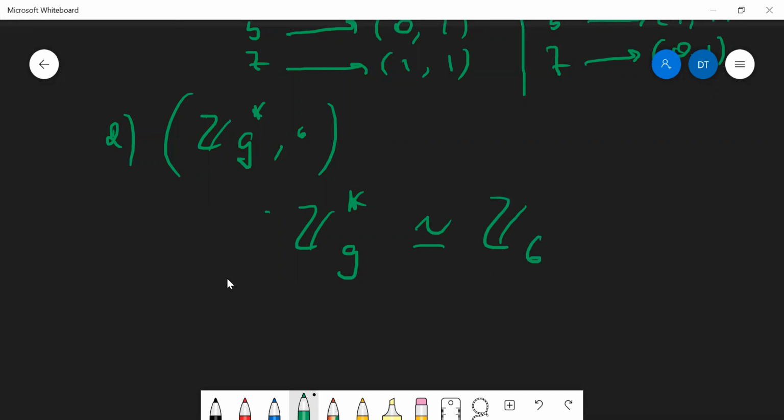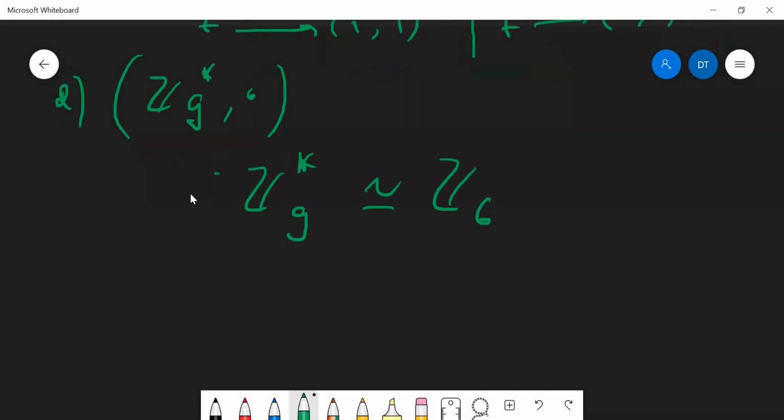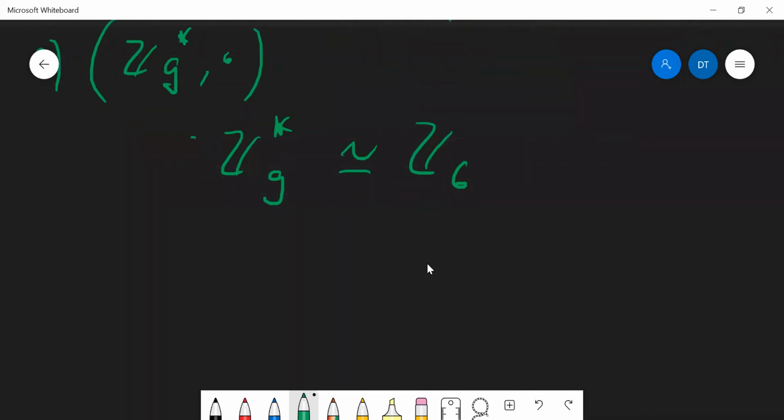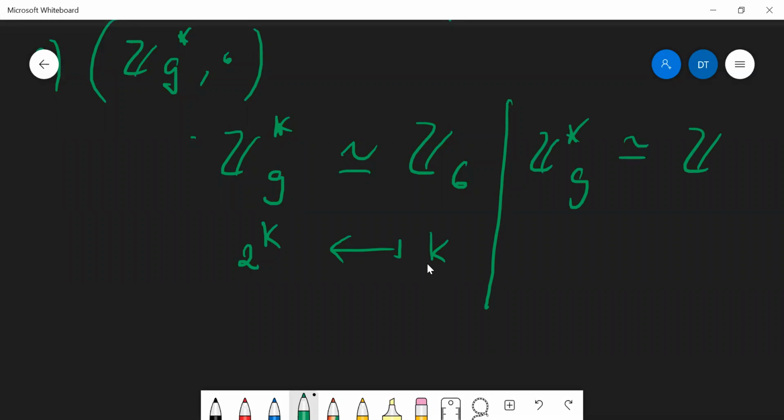In the previous example, Z8 star was not cyclic, and this group is cyclic. The isomorphism goes like this. There are two different isomorphisms. The remainder k goes to the kth power of the element 2, or you may find a different isomorphism where the remainder k goes to the kth power of the element 5.